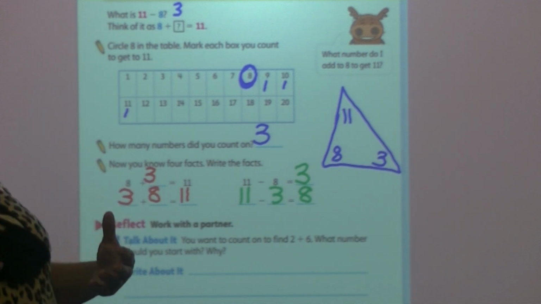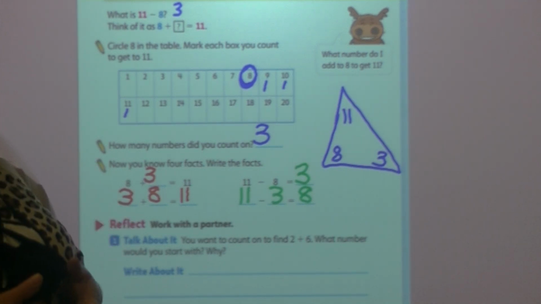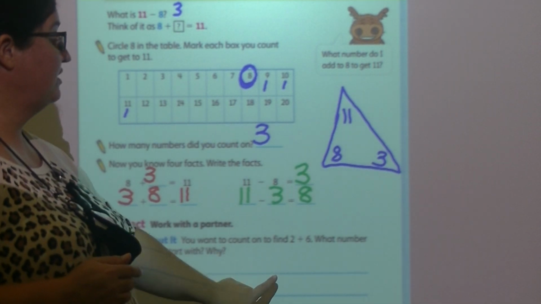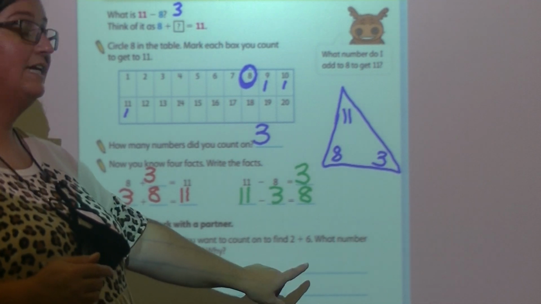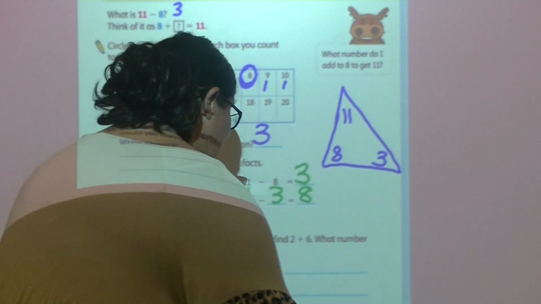It's wanting you to explain it in words. So if Miss Spires were writing, I would say I would start with the number 6 because it is the larger number. So I'm going to write that on my paper.